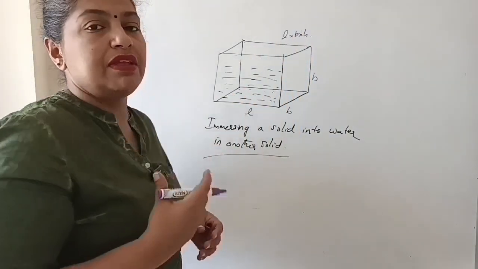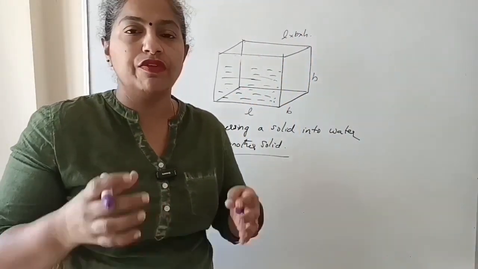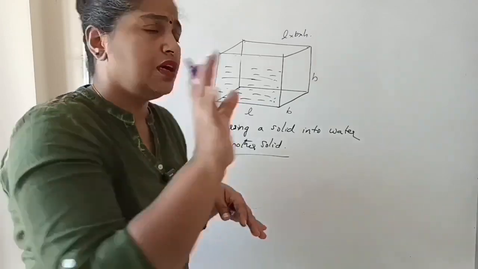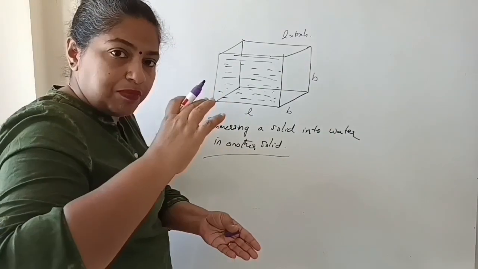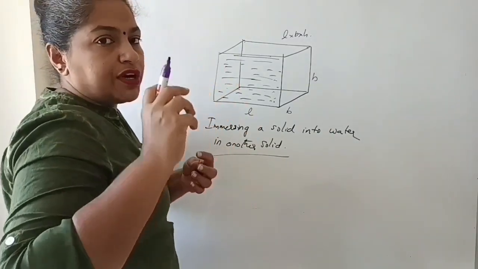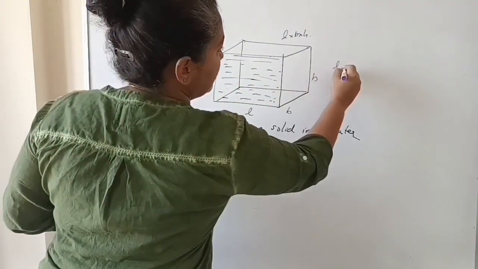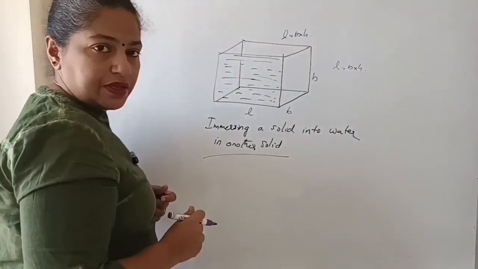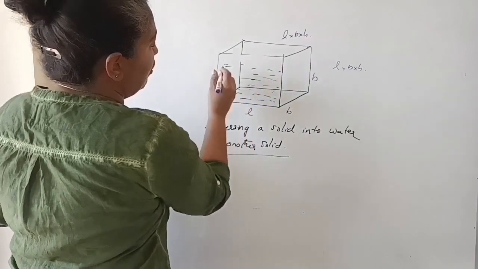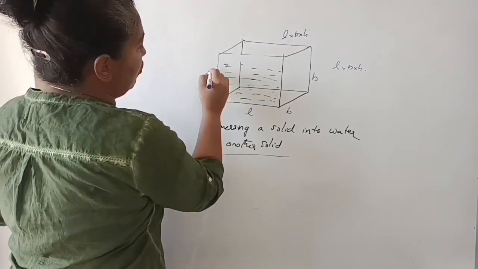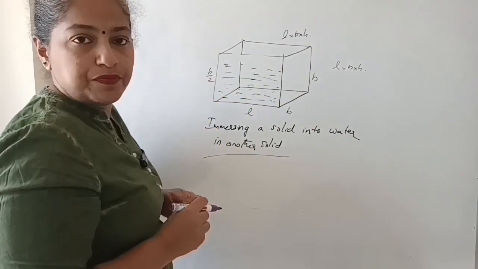I told you that the volume basically means the capacity of the cuboid. So when you have water inside the cuboid filled to the brim, filled in completely, what is the quantity of water contained in the cuboid? It is L into B into H. Suppose the water is not filled to the maximum level, but only to a height of H by 2.